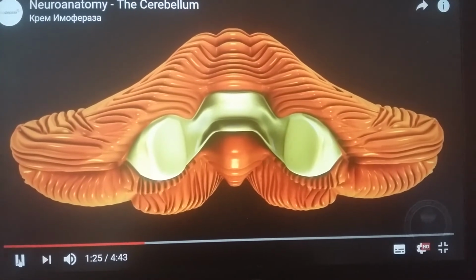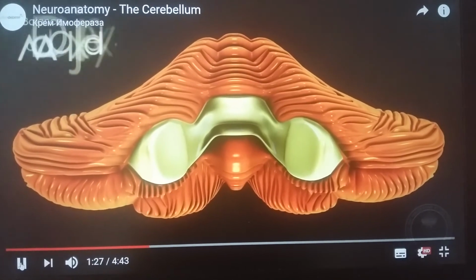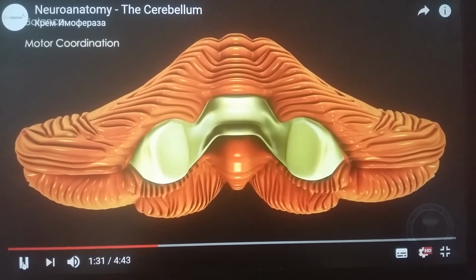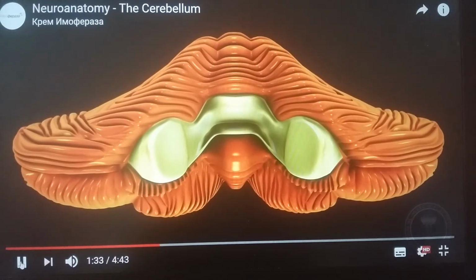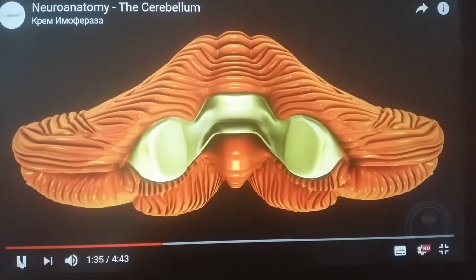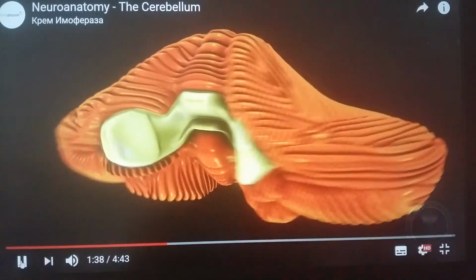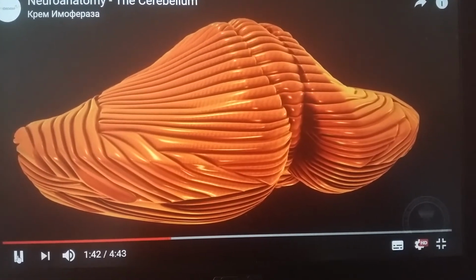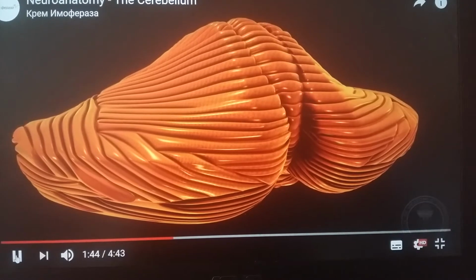The cerebellum contributes primarily to balance and motor coordination. The concentric grooves that mark the surface of the cerebellum give it a multifoliated appearance.